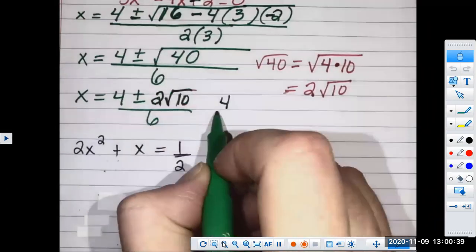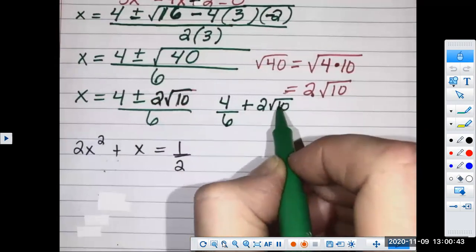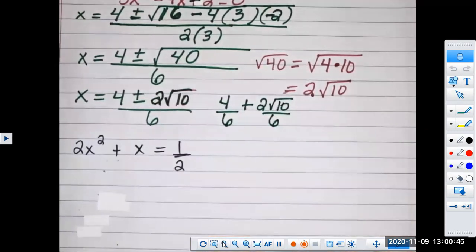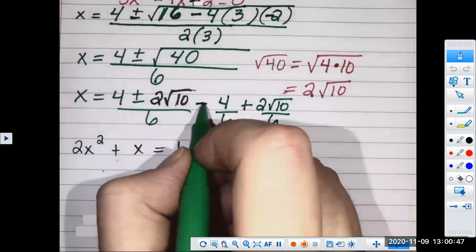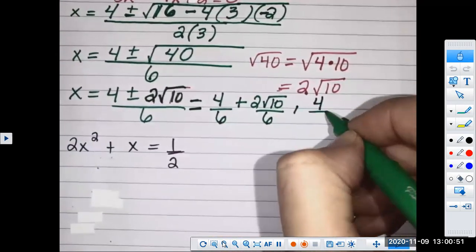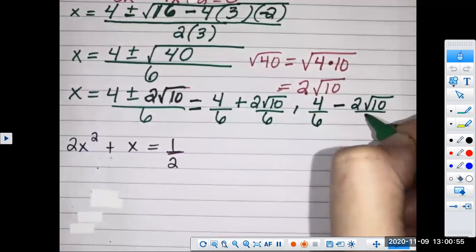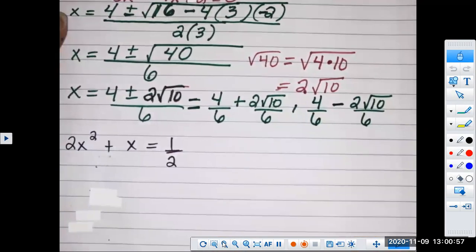You're going to say 4 over 6 plus 2 root 10 over 6. Then you're also going to say 4 over 6 minus 2 root 10 over 6.